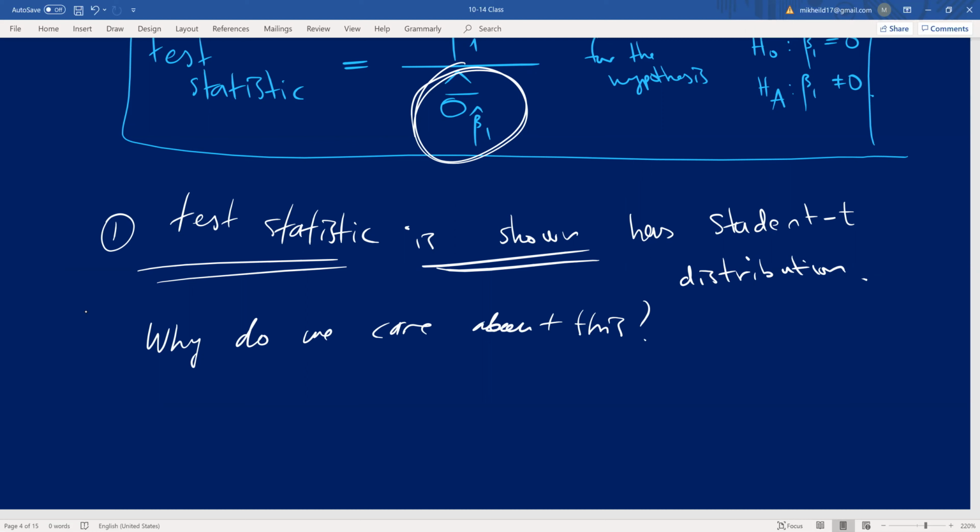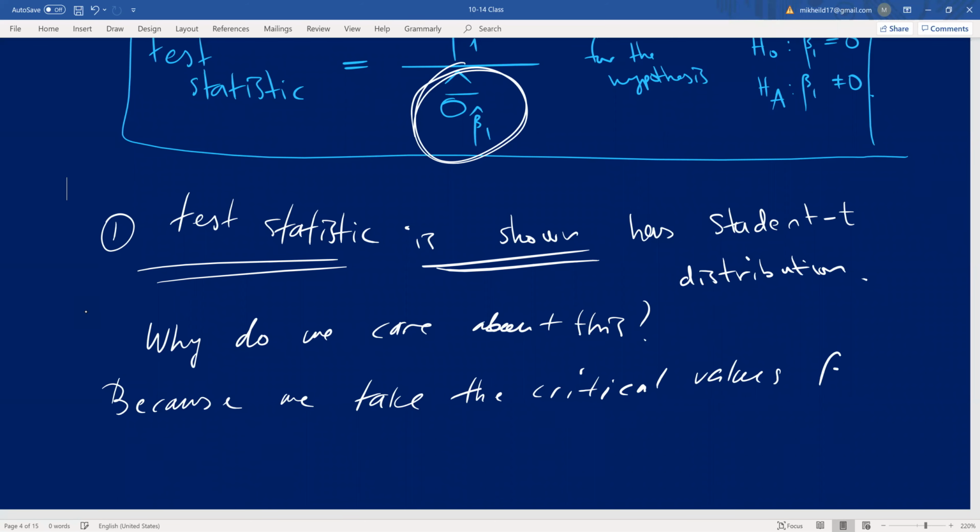Because we compare, because we take the critical values from the student t distribution.